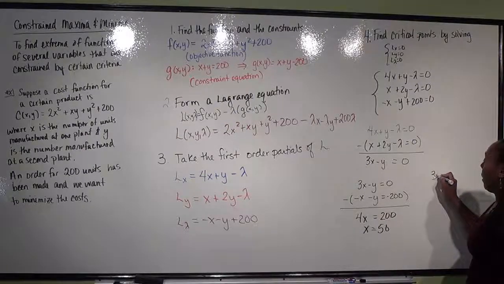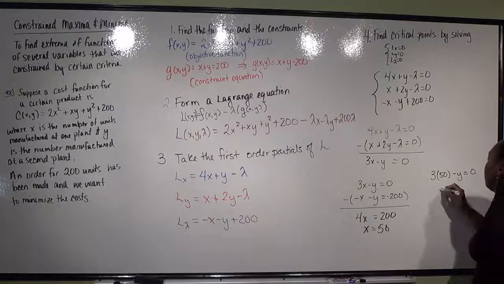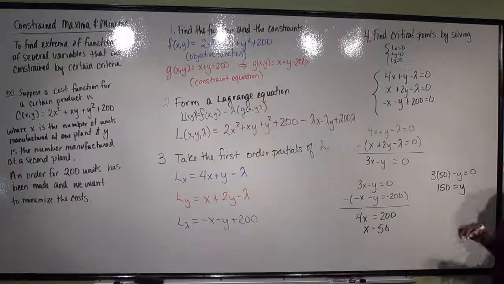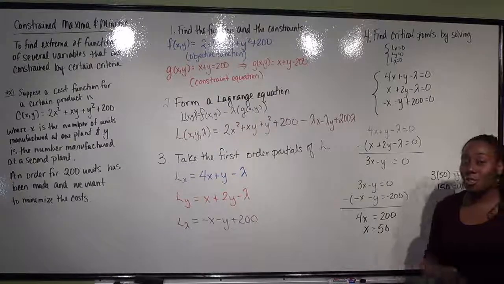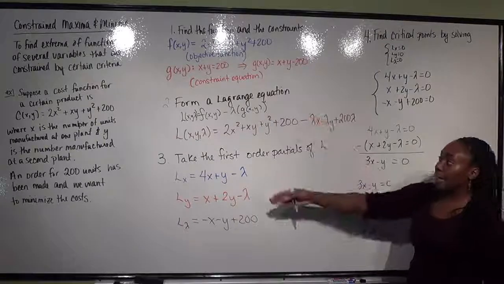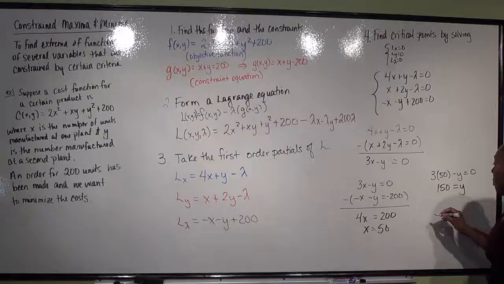So I know that 3 times 50 minus y equals 0, so 150 is equal to y. And I can solve for my lambda. Now we don't really need lambda because lambda was just the multiplier so that I can get my constraints into my function. But you can also solve for that.